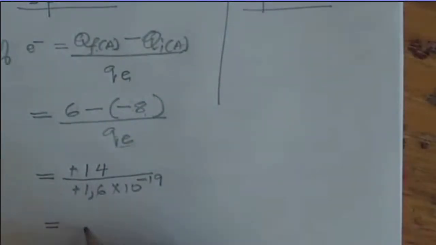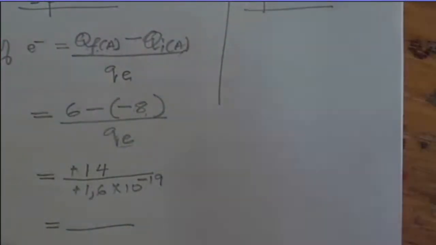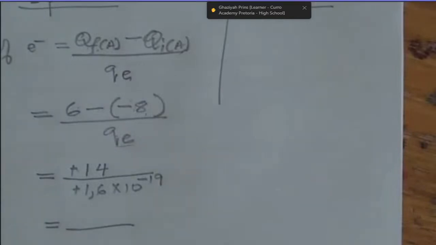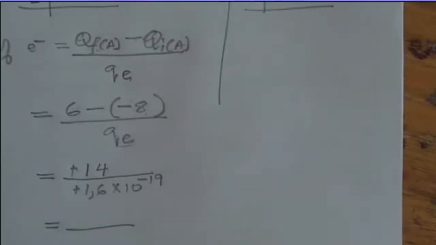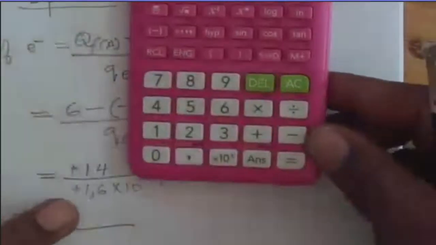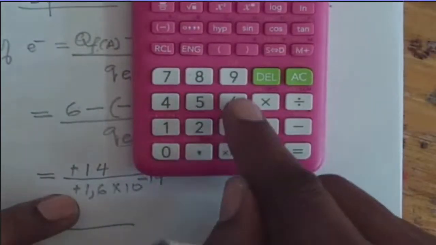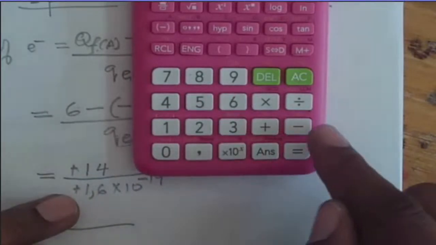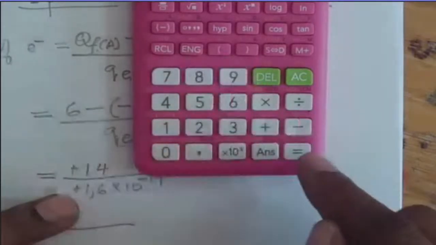So you count the number of electrons in your calculator. It will be 14 divided by 1,6 exponent -19.